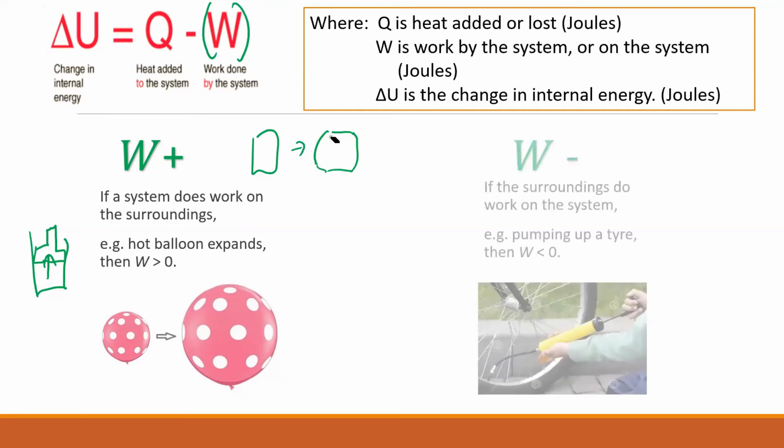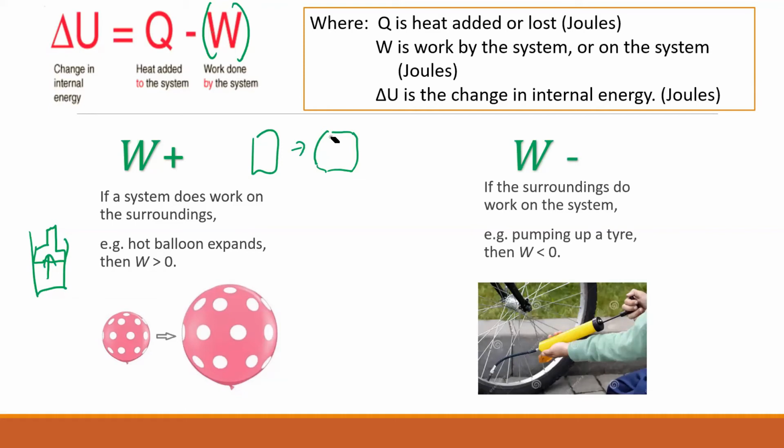Okay. What about when work is negative? And this is probably the most confusing out of all the answers. If the surroundings do work on the system, so notice the reversal here. The system does work on the surroundings, where here it's the surroundings do work on the system, then work will be negative.